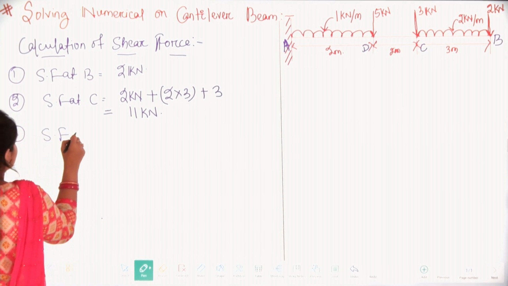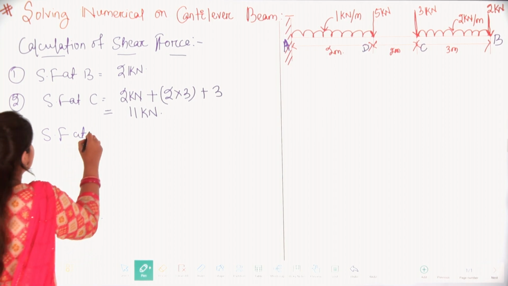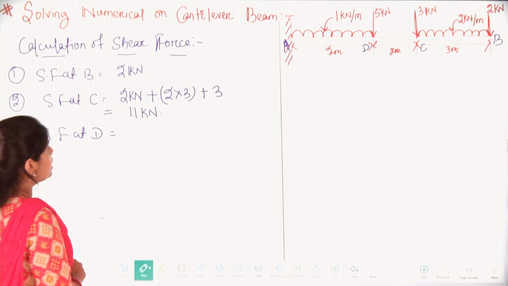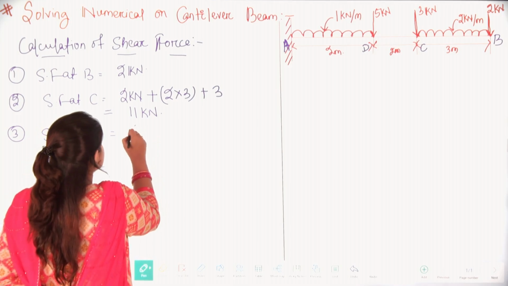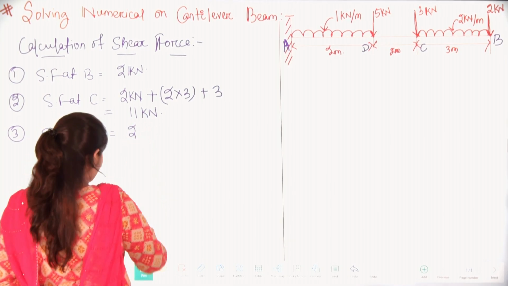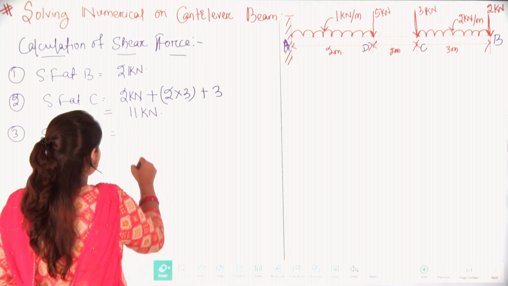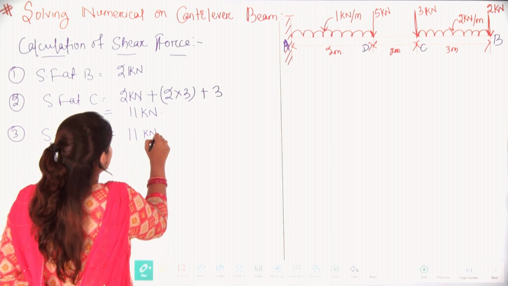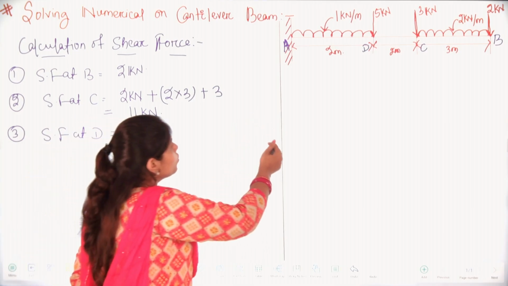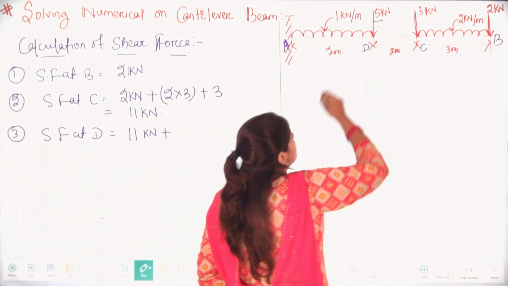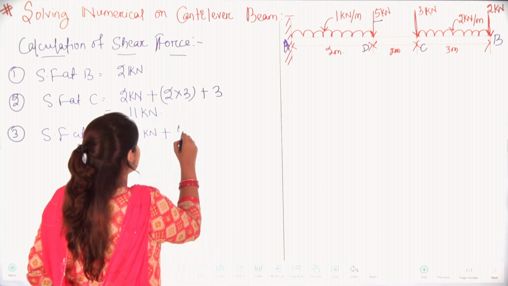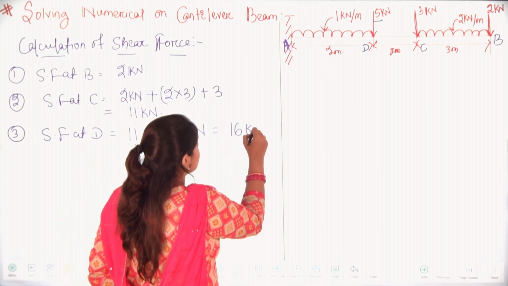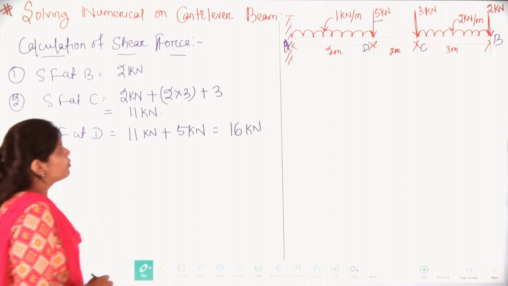Then shear force at point D. Up to point C we have 11 kilonewton. Now after point C we will add only this, so 11 kilonewton plus 5 kilonewton, that is 16 kilonewton of load.